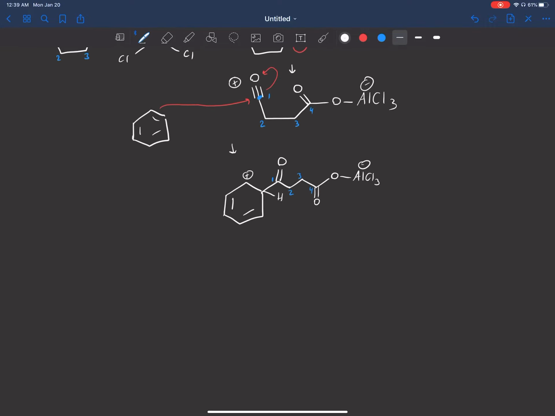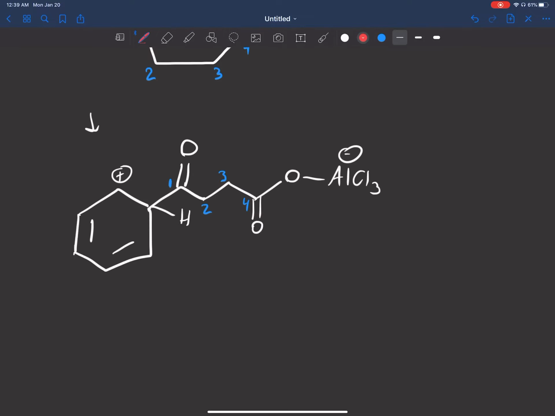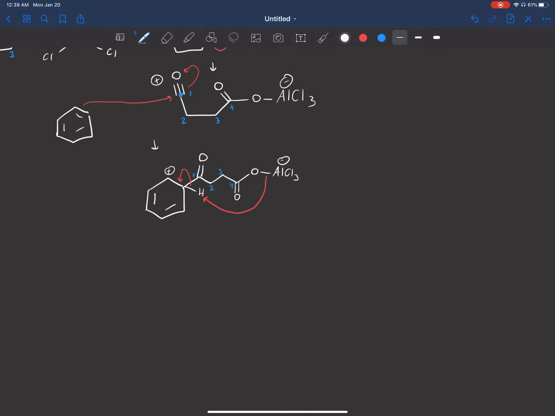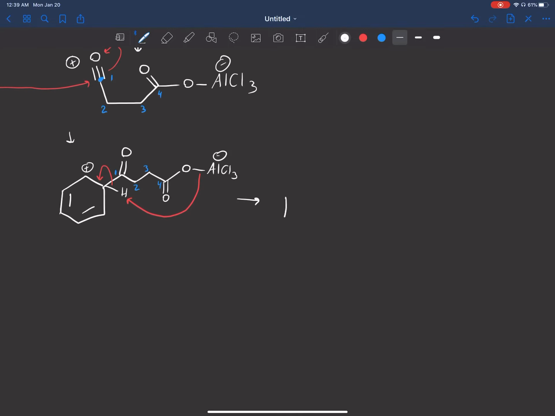So now what we have to do is restore the aromaticity. So what we're going to do is we're going to take this bond and we're going to deprotonate that H. So this bond is going to disconnect from the aluminum, stay connected to the oxygen, grab that H, and then this bond collapses downward. So our final product is going to be this.